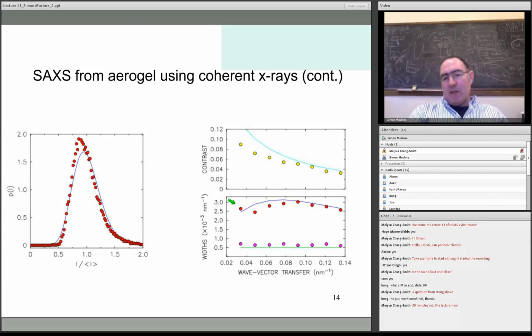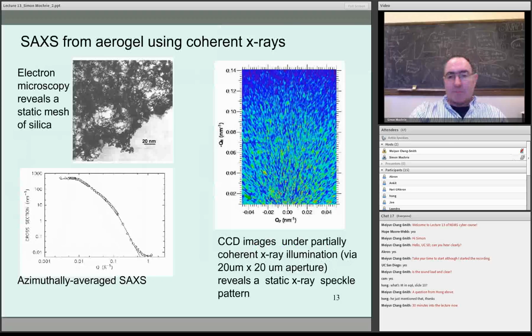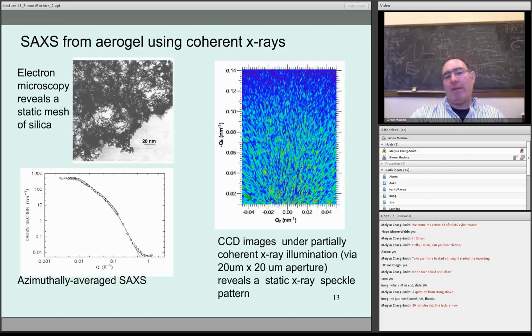And in fact, you can even calculate the size of the speckles, and again, it's more or less what you expect. This particular experiment used what's called pink beam, which is not perfectly monochromatic, and therefore the speckles are elongated in the radial direction, corresponding to different wavelengths scattering at different radial positions.